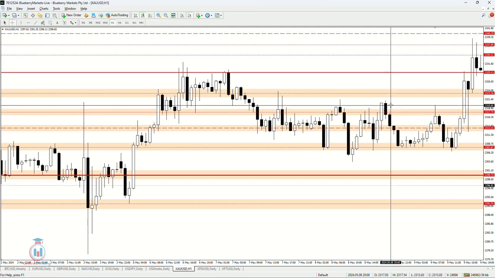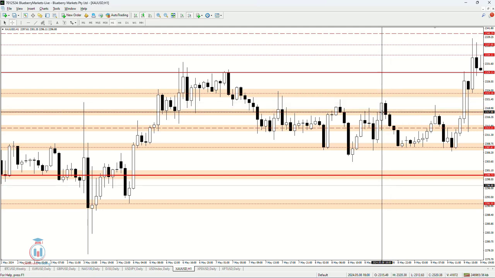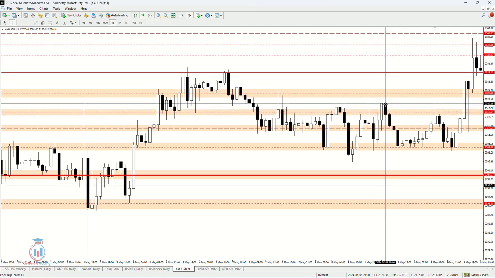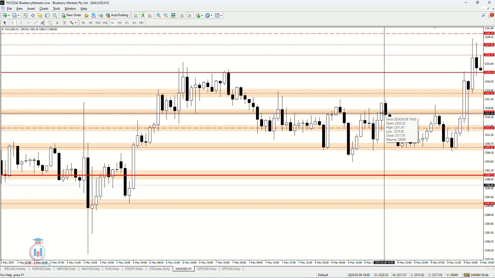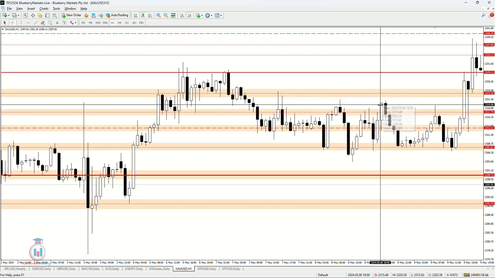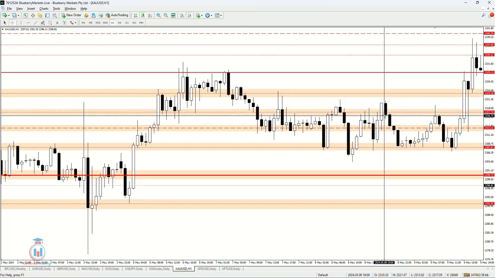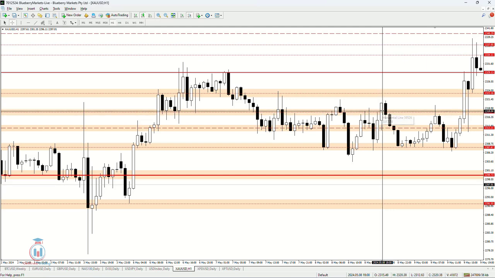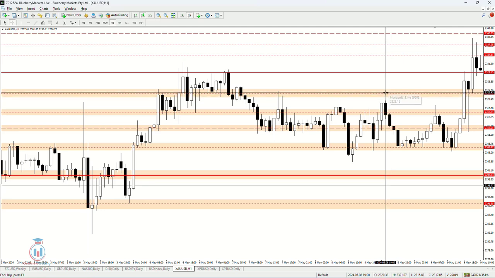But what happens? A false breakout has been formed because the next candle has returned the price down, closing below this support level, which means the traders who pushed the price above this resistance level could not find enough strength to push the price even higher to reach the target.